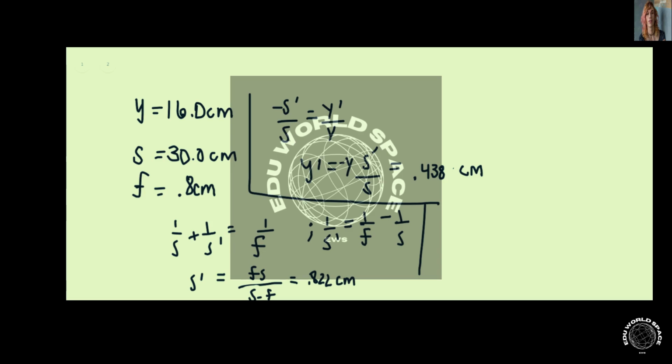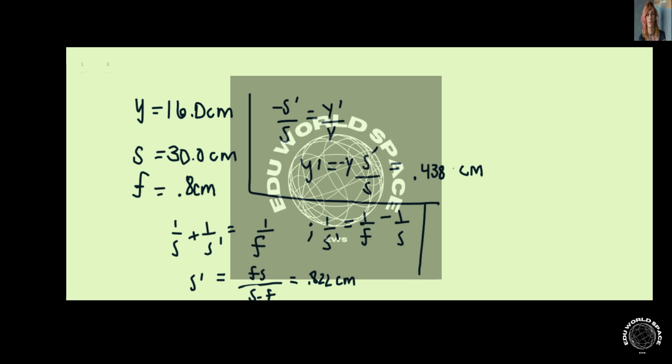Great. And what else is asked? So that's the height. And then if s prime is positive, the image is real. I think it would have to be real. Like the photons would really have to focus on your cornea, or I think that's the right part of the eye. The photons would have to focus to create an image that your mind could read.